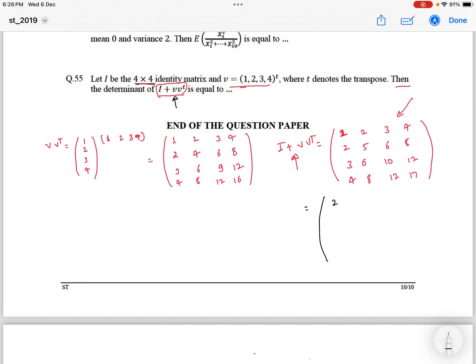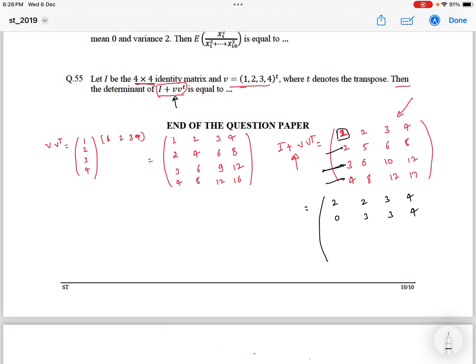So this is the pivot, and we can keep the first row as it is. In the second row, we can subtract the first row, so it will be 0. The main aim is to pick the pivot and make these entries 0. So it will be 5 minus 2, that is 3, 6 minus 3, that is 3, 8 minus 4, that is 4.